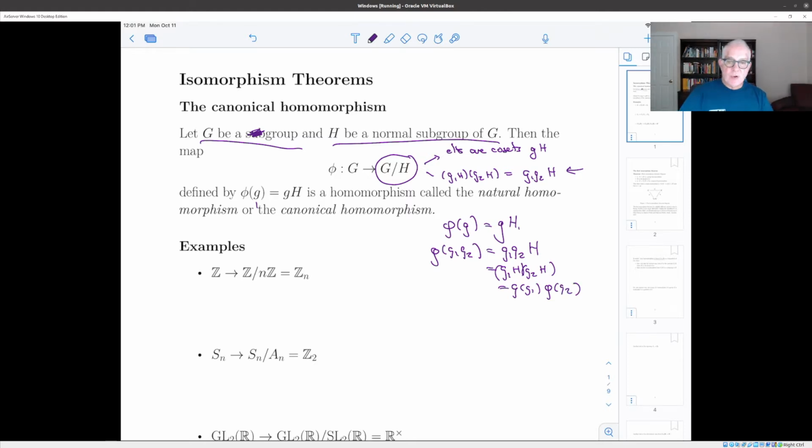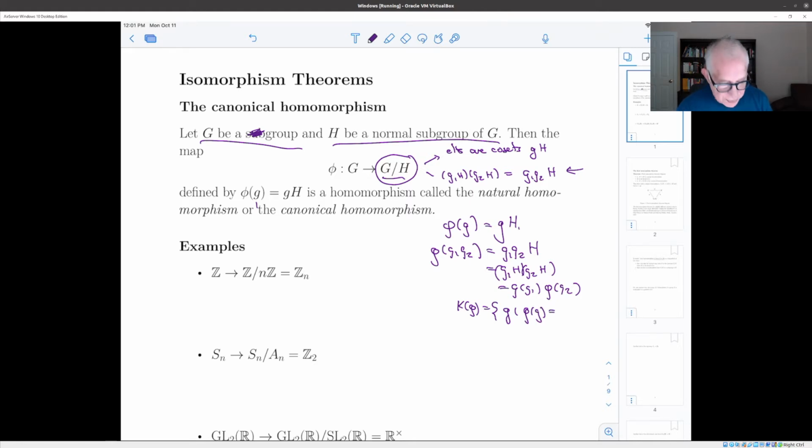And maybe we take a second to ask, what is its kernel? The kernel of this map phi is the collection of g such that phi of g is the identity of this group.